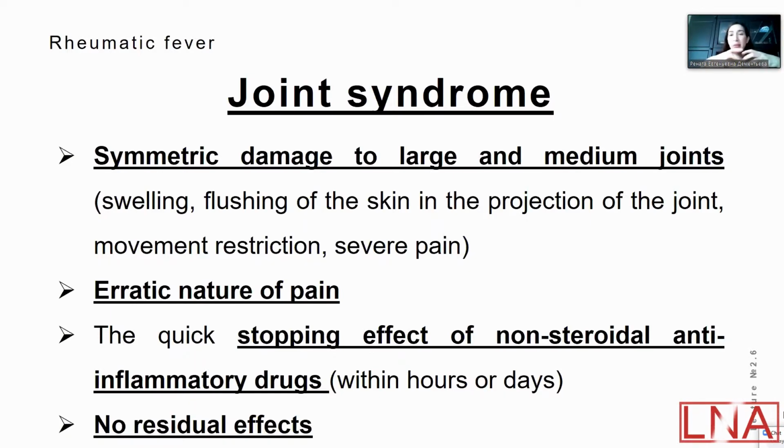Swelling or edema due to fixation, due to a pool of enzymes, flushing of the skin on the projection of the joints, some redness of the skin above the large and medium joints, movement restriction due to edema, it's very difficult to move, and severe pain. Erratic nature of pain, quick and good stopping effect from non-steroidal anti-inflammatory drugs within hours or days, and no residual effect.